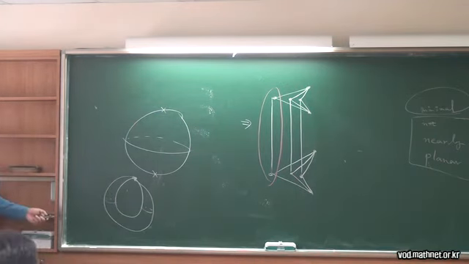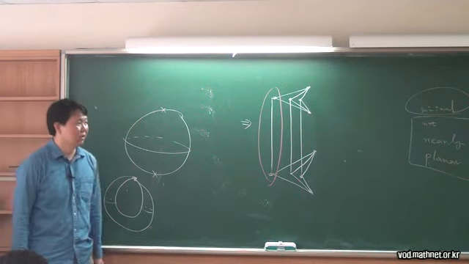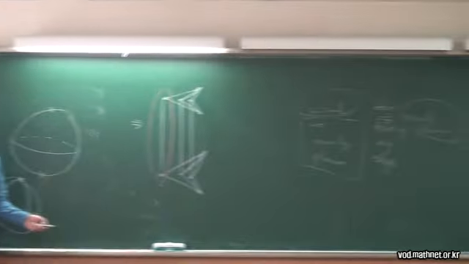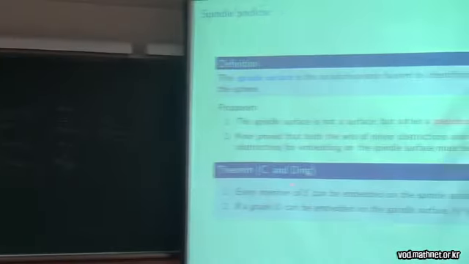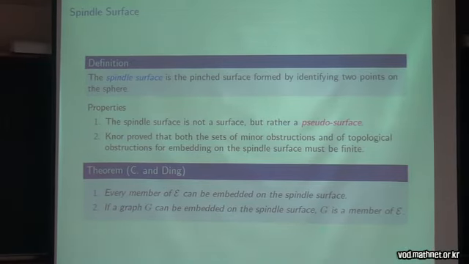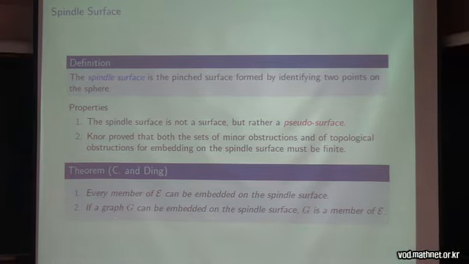Actually, this is not a surface. It's a pseudo surface. And Professor Golding and I proved that every member of class E can be embedded on the spindle surface, and if a graph G can be embedded on the spindle surface, then G is a member of class E.